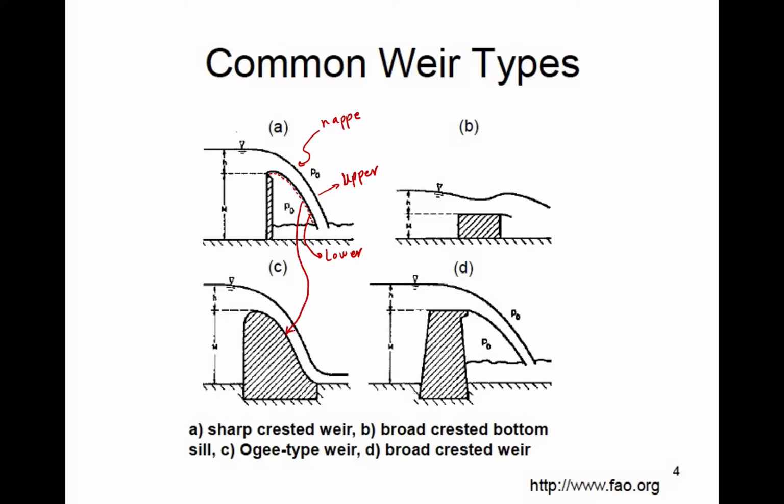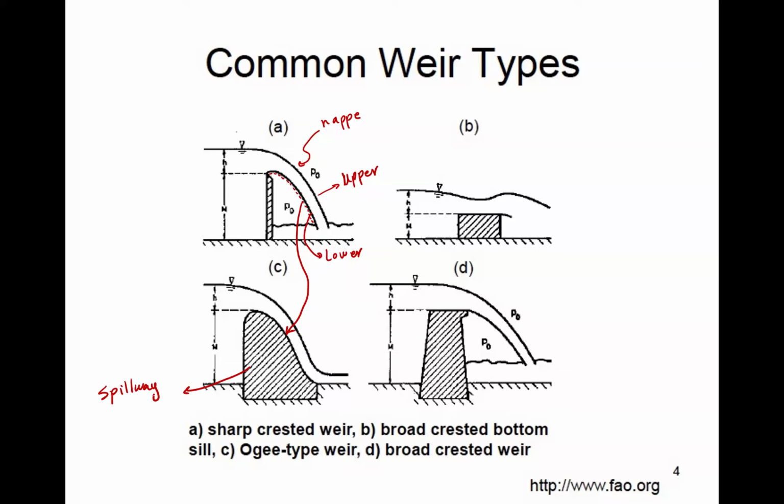So image C in this slide is a practical structure. It is called a spillway. Very common structure in many situations, many dams. We have this to control water levels and discharge floods and so on. It basically follows the lower nap of a free jet over the weir.